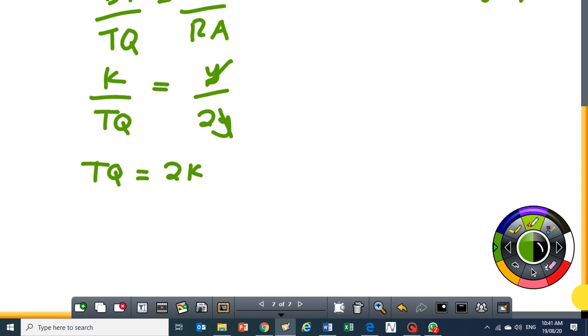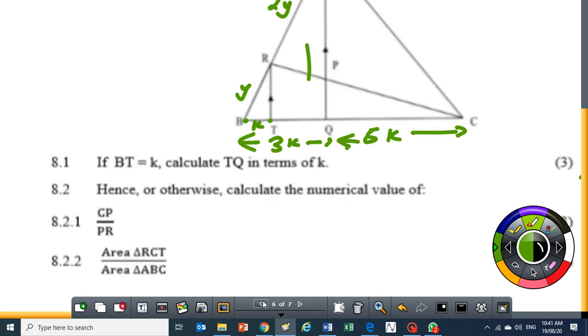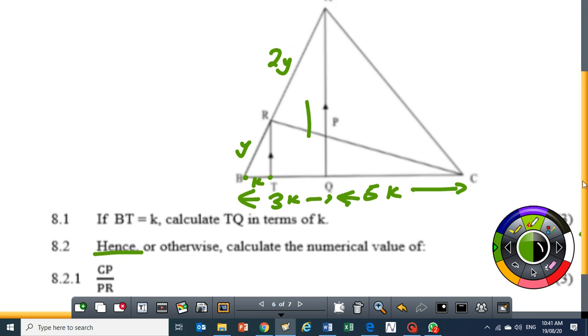Then the next question says, hence, or otherwise, calculate the numerical value of CP over PR. Now, your CP is from here to there, and your PR obviously is from here to there.